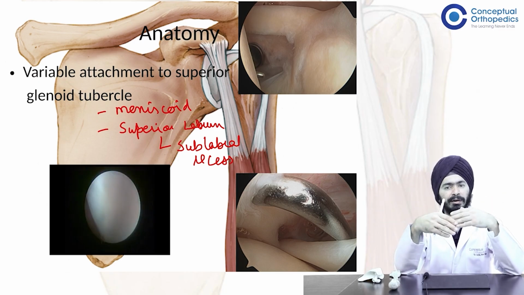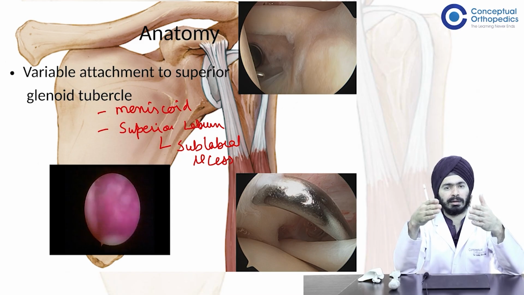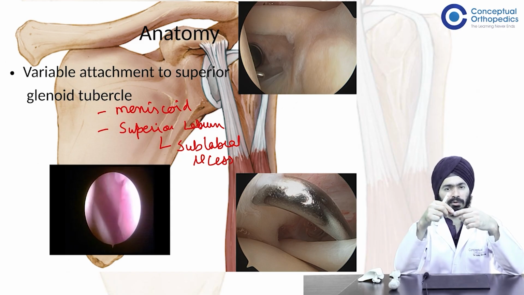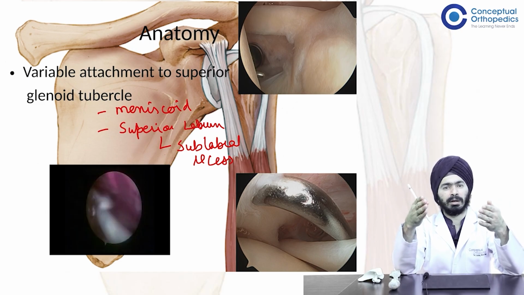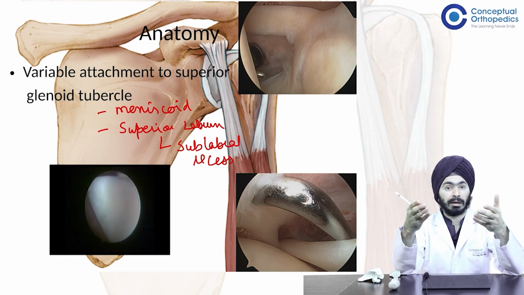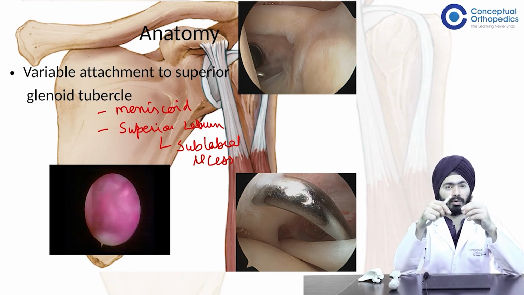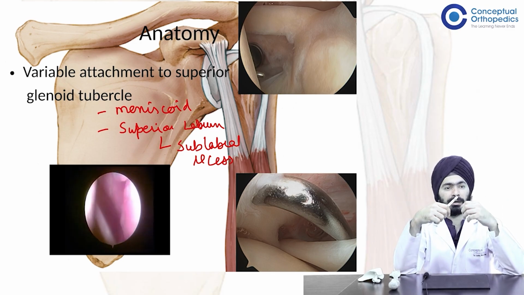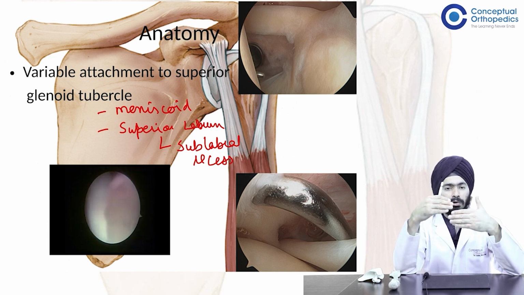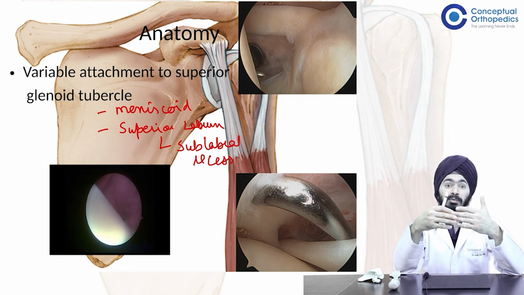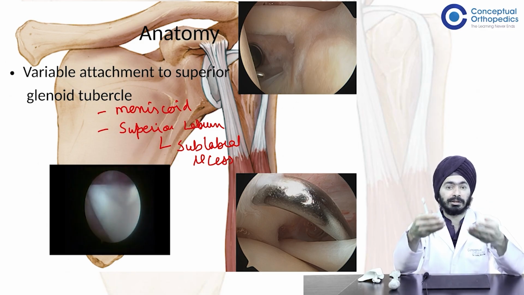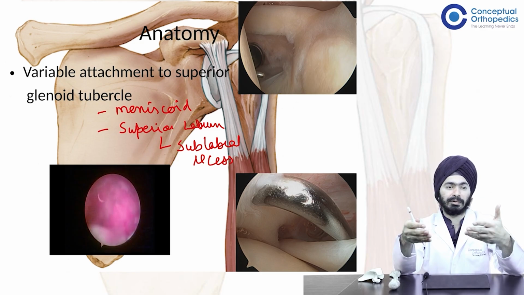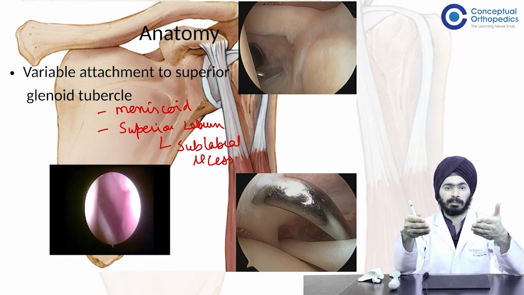That's why when there is a tear of the biceps attachment to the superior labrum, what we also call a SLAP tear, we don't know what the original anatomy was like. So if we go and repair that, although we are trying to restore anatomy, since we don't know what the original anatomy was like, we may end up deranging the anatomy, which may lead to deranged kinematics for that person.